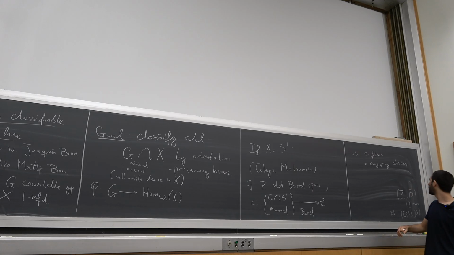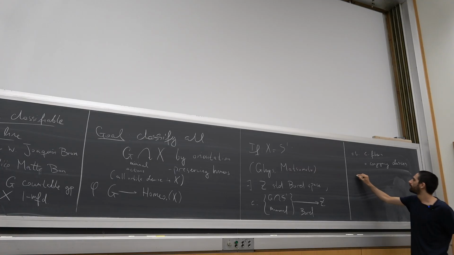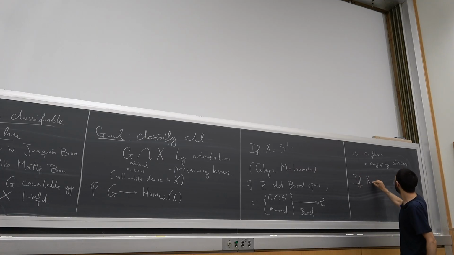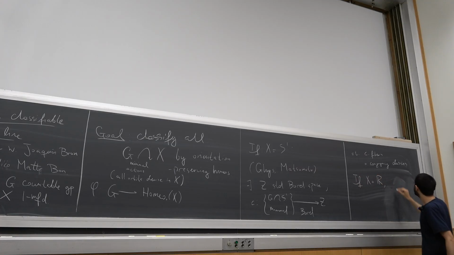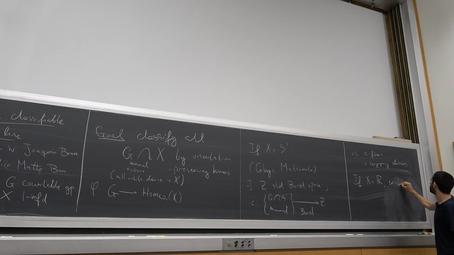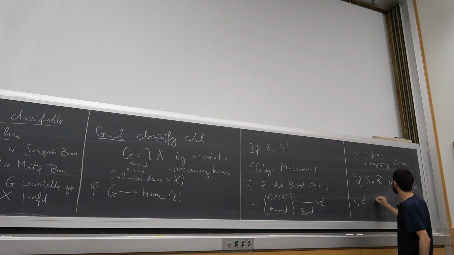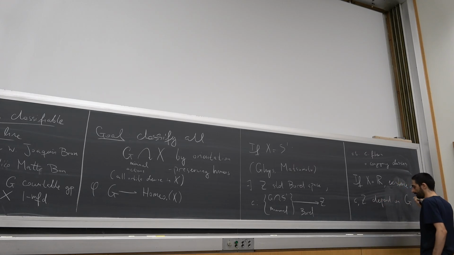Okay then, the problem is that if X is R, the existence of such a map and Z depends on G. If you start with a minimal action, you can adjoin any free group action to it.